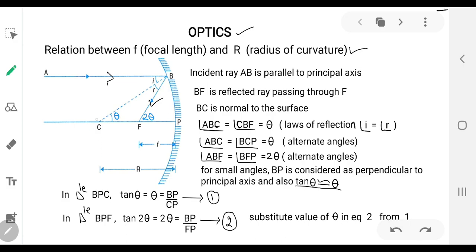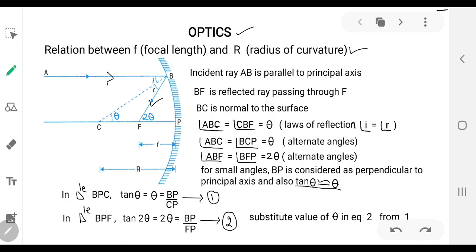So we have to join the center to the point B, which is nothing but equal to the radius, and it is perpendicular at the point B. How do you measure the angle of incidence? ABC is angle I and CBF is angle R.